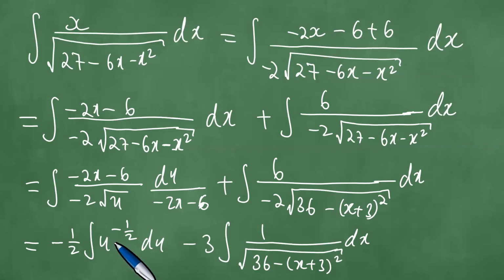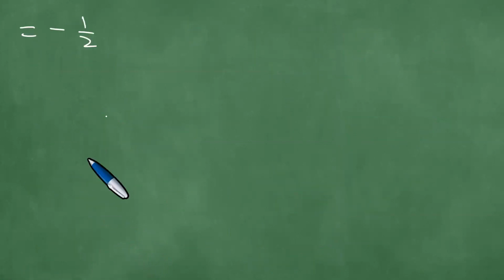The integral of this one here, you add 1 to minus 1/2, so 1 minus 1/2 is 1/2, and you divide by 1/2, so what that brings is a 2. U to the 1/2.